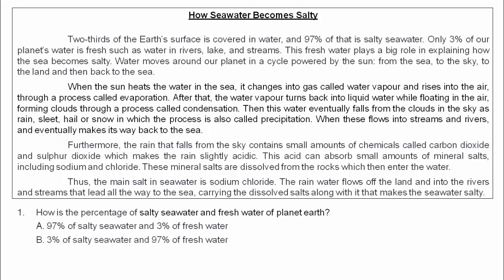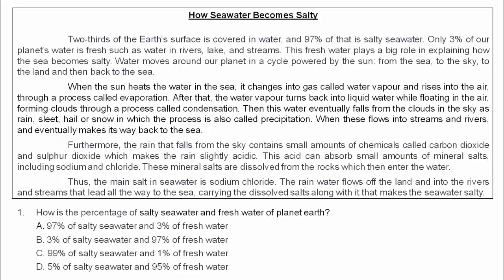B. 3% of salty seawater and 97% of fresh water. C. 99% of salty seawater and 1% of fresh water. D. 5% of salty seawater and 95% of fresh water. Okay, 10 seconds from now to answer the question.